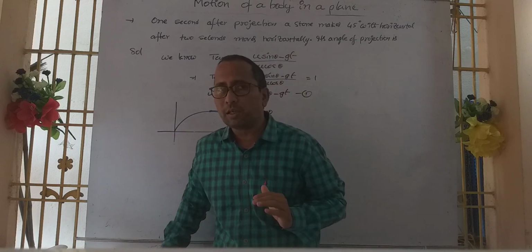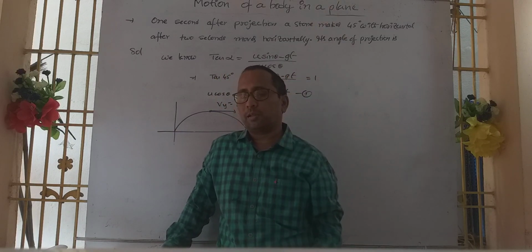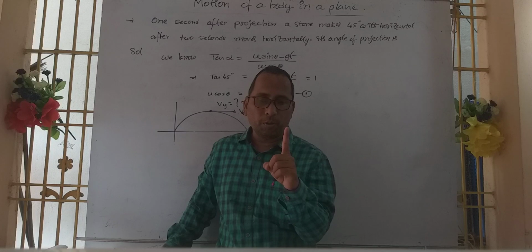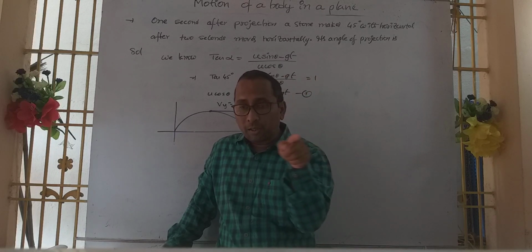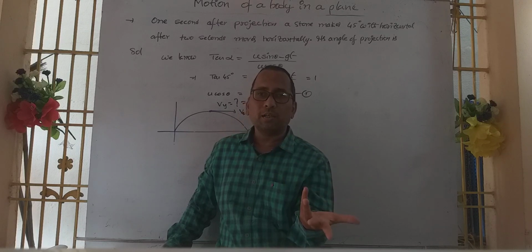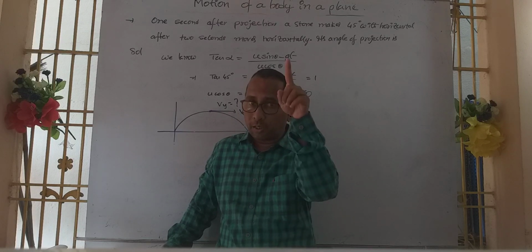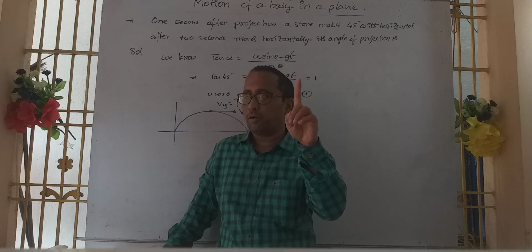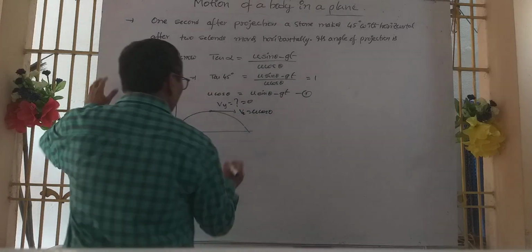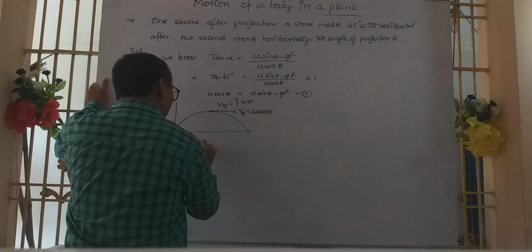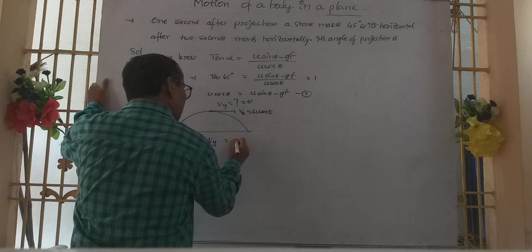If there is a vertical velocity, it moves further. Once it is stopped, its velocity must be 0. Horizontally it is stopped, horizontal velocity will be 0. Vertically it is stopped, that is, vertical velocity is 0. That is the important point. That's why here Vy is equal to 0.